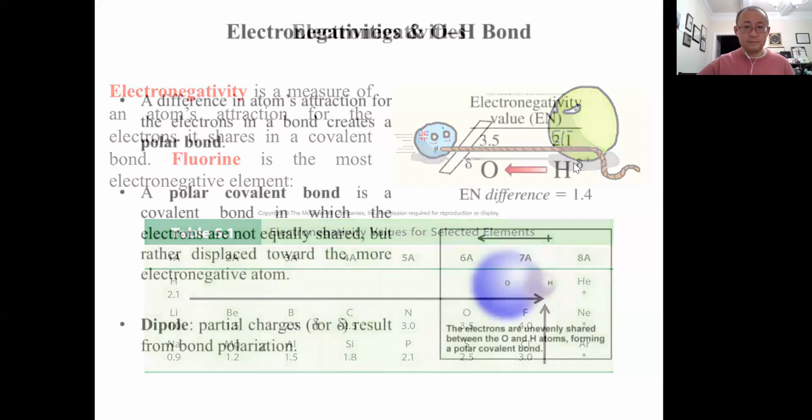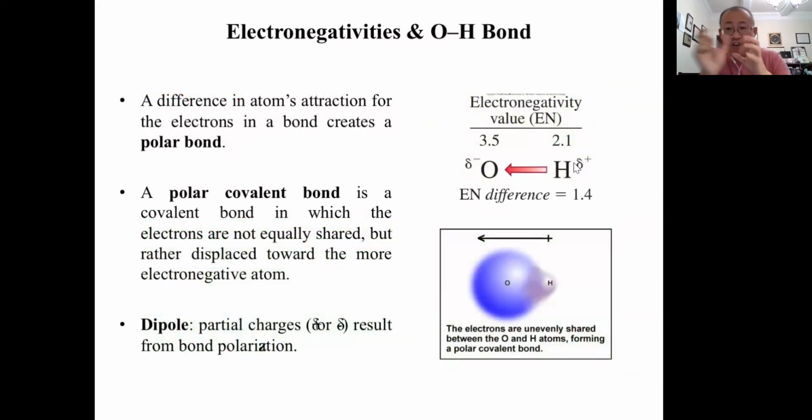And because of that, when atoms share electrons but have different attractions for the shared electrons, that difference causes unequal sharing of electrons in a covalent bond. And that unequal sharing of electrons in a covalent bond is called a polar covalent bond.